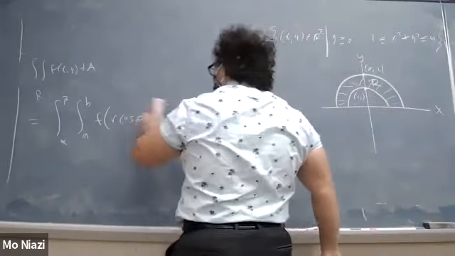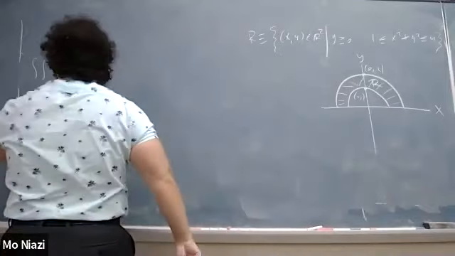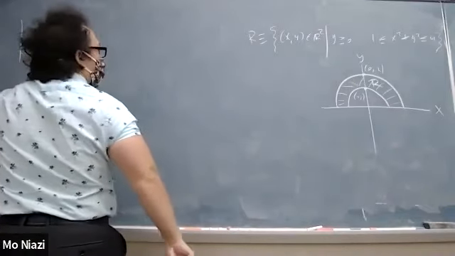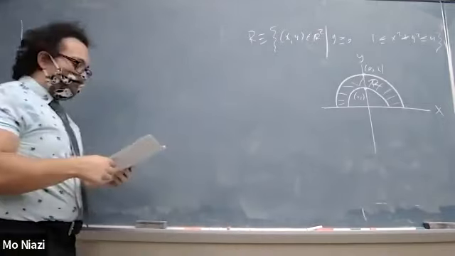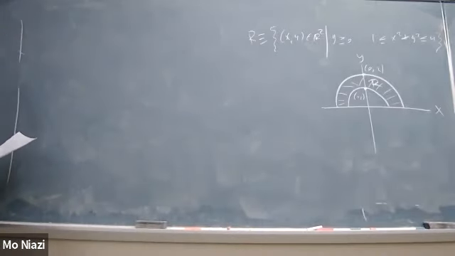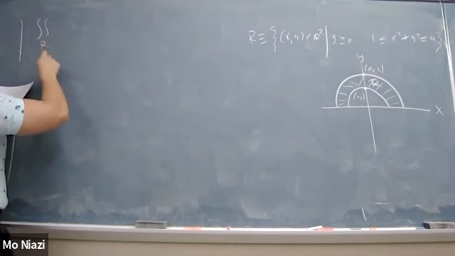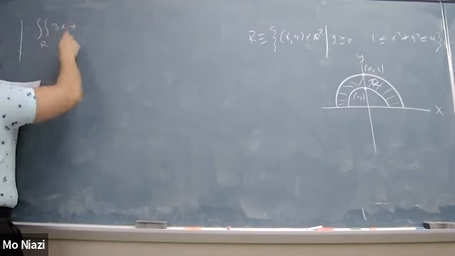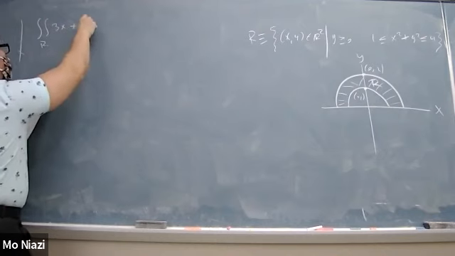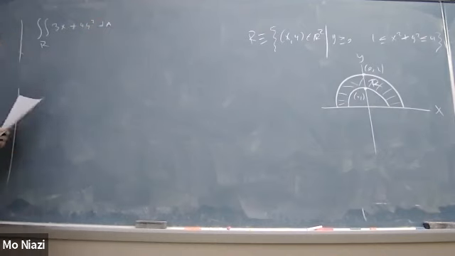So we can consider this as like a type 1 or a type 2 region and integrate it. But we shall be doing so utilizing polar coordinates. And the integral we wish to calculate is this one. Okay.